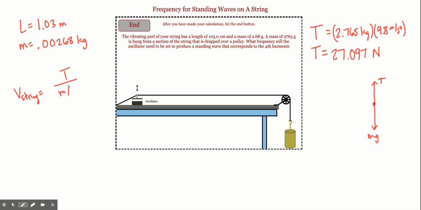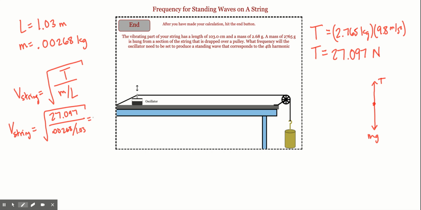So I know that the velocity of a wave on a string is determined by the tension and the mass per unit length. So if I plug everything in here, the velocity on our string should be 27.097 newtons divided by mass 0.00268 over 1.03, all that square rooted.